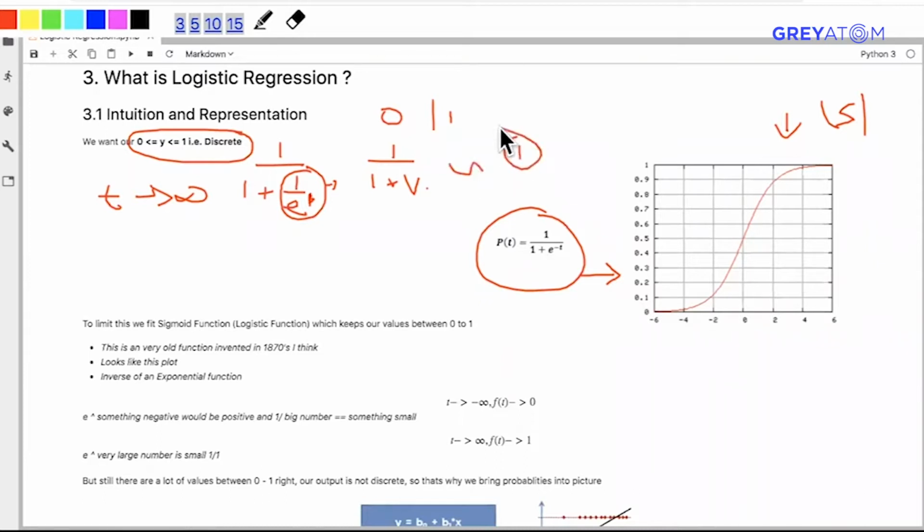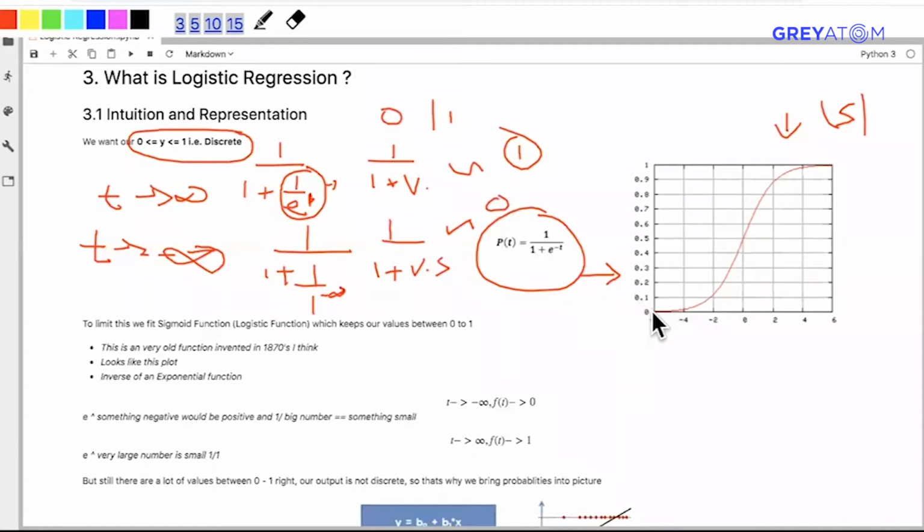And the opposite would happen if t approaches minus infinity. If you put in this equation 1 plus 1 upon e to the power of something very, very negative, it would be 1 upon 1 plus a very, very large number. And that would approach 0.